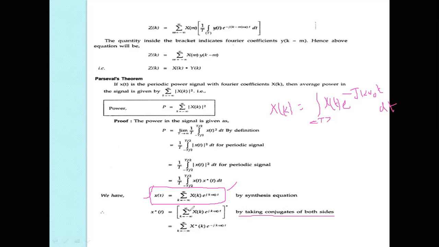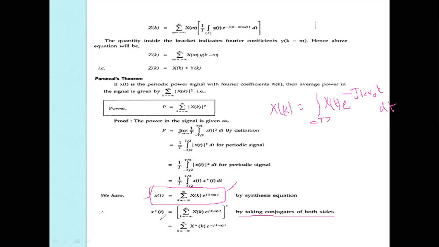Understood, my student? Here, the sum of k equal to minus infinity to infinity of x of k e power jk omega naught t, whole star: x of k with this star becomes the conjugate of the Fourier coefficient, and the positive exponential becomes a negative exponential. So x star of t is equal to this.